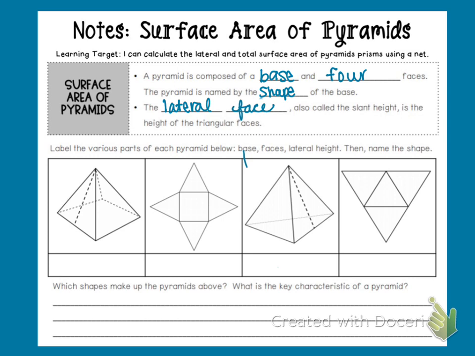Okay, so it says label the various parts of each pyramid below: the bases, faces, lateral height, then name the shape. So we just talked about the slant height or the lateral height. That is this line right here. Lateral height.